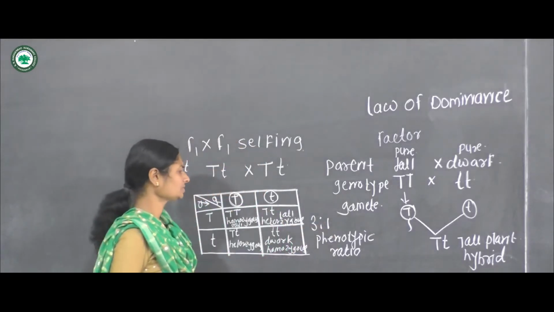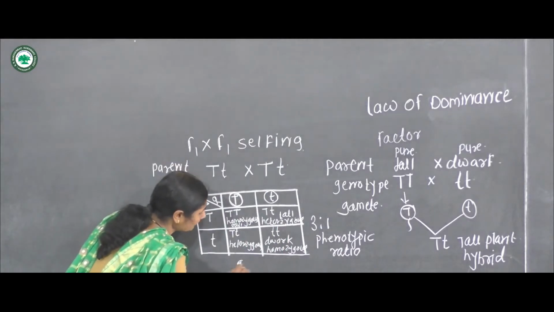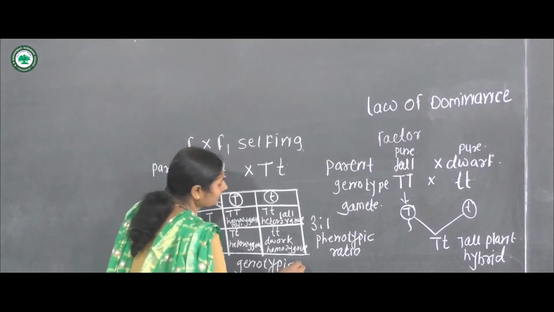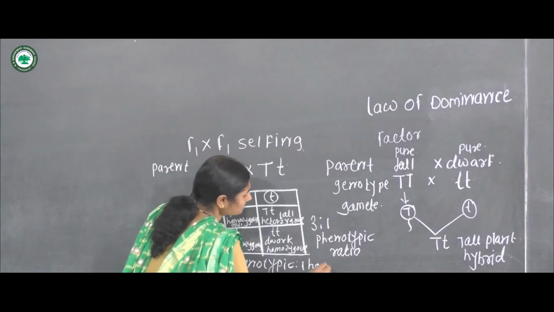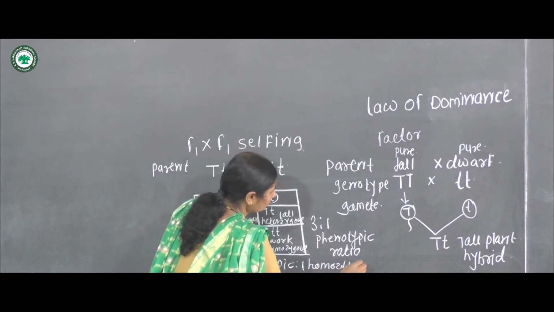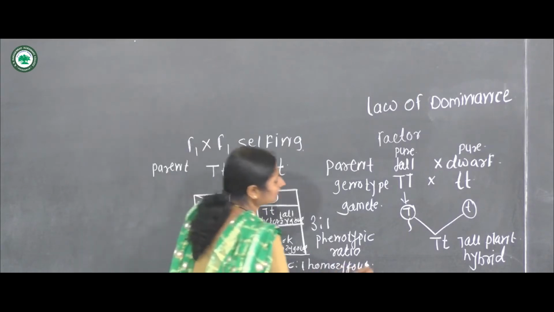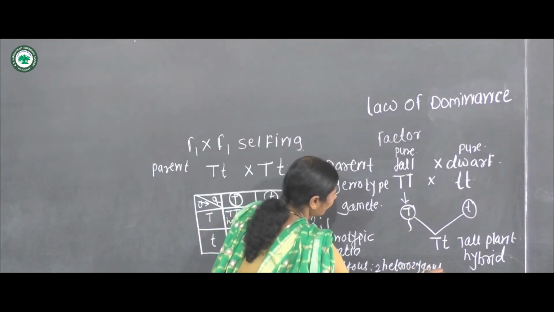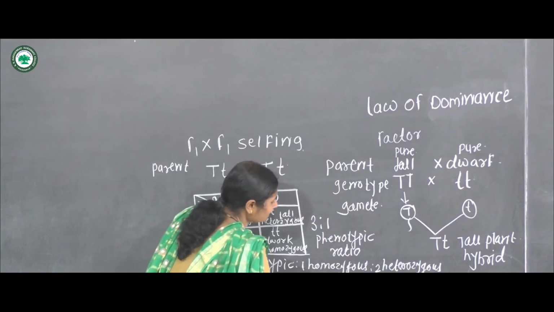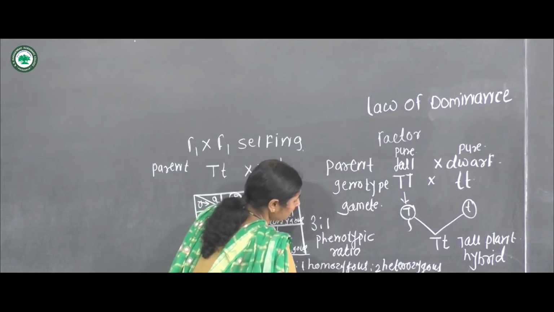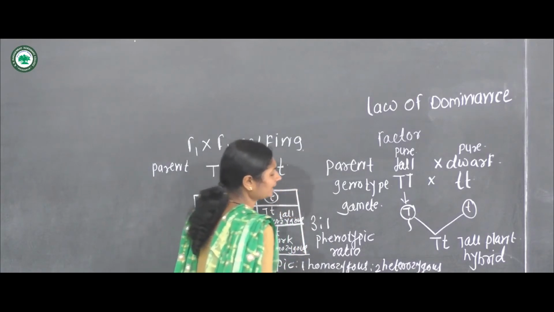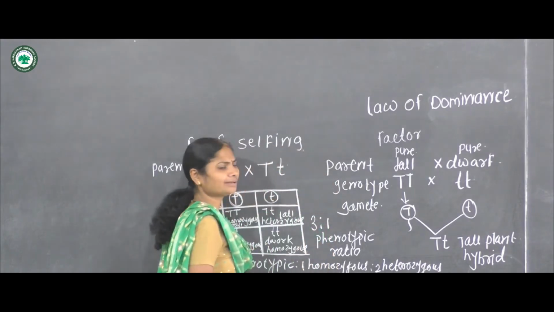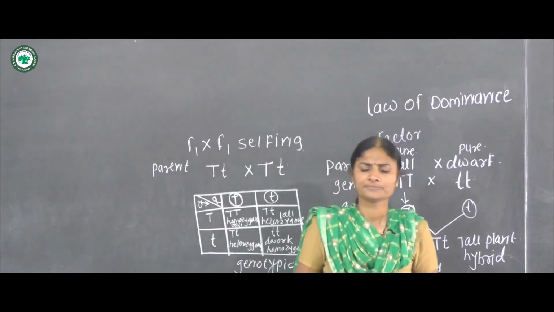When observed genotypically, there is one tall homozygous, two heterozygous, and one homozygous dwarf. The genotypic ratio is 1:2:1, obtained in Mendel's law of dominance.